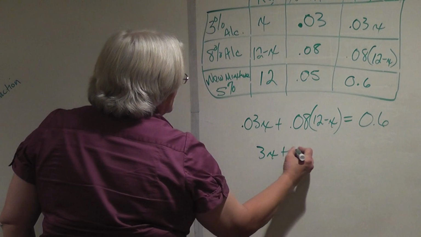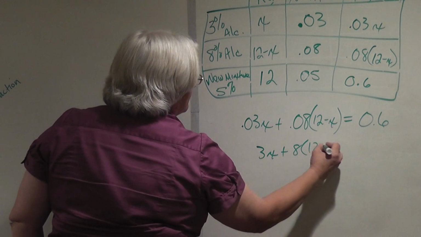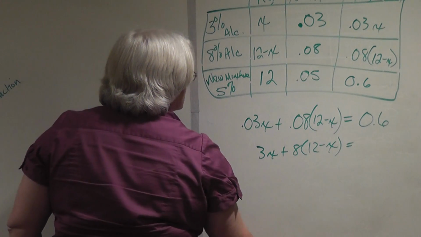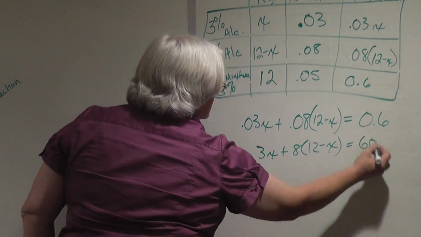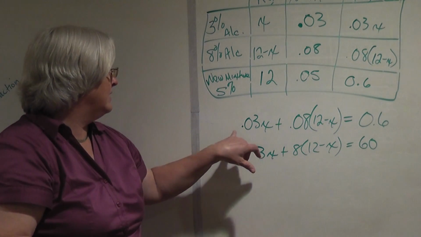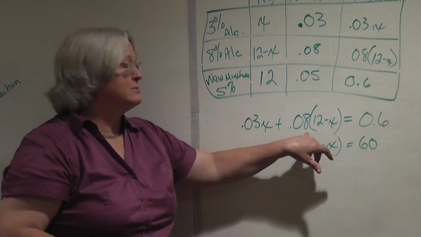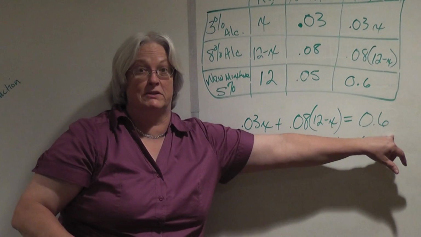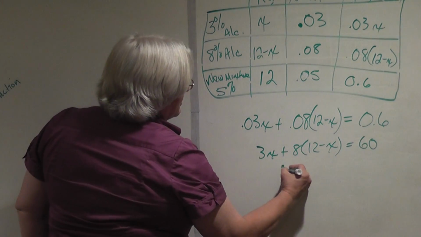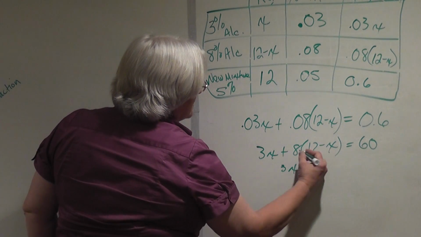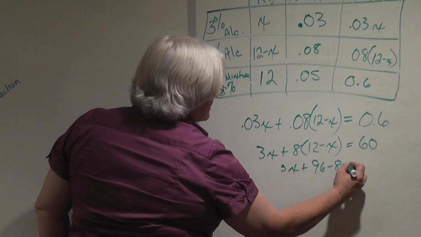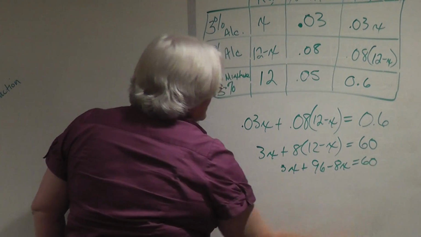3x plus 8 times the quantity 12 minus x is equal to 60. Make sure that when you're multiplying by a factor of 10 that you move the decimal point the correct number of places to the right or to the left. Now we have 3x plus 2 8s are 96 minus 8x is equal to 60.